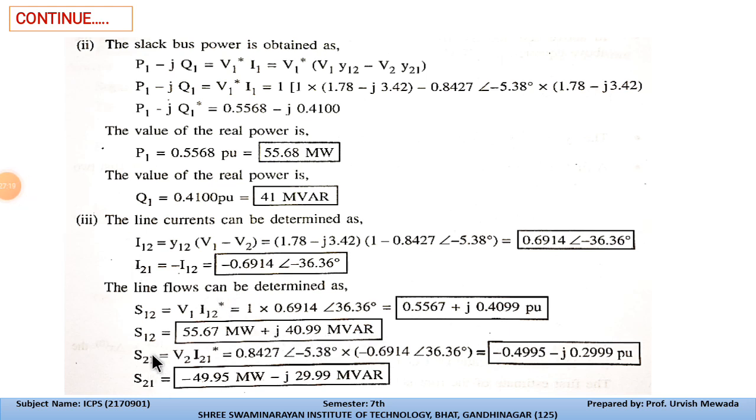Now that is the S12, and then we can determine S21, which is V2 times I21 conjugate. By putting in the values, we have S21 equal to minus 49.95 megawatt minus j29.99 MVAR. So these are the active and reactive powers between the links 1 to 2 and 2 to 1.